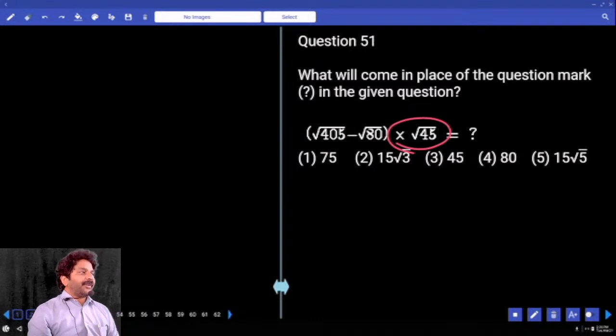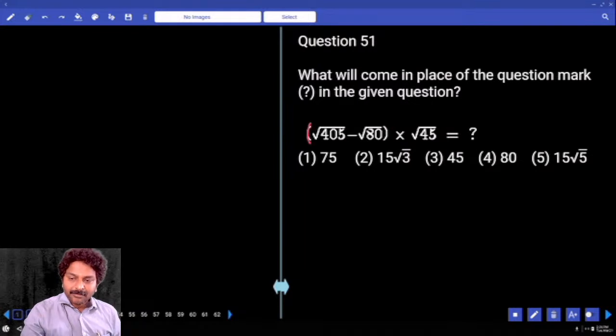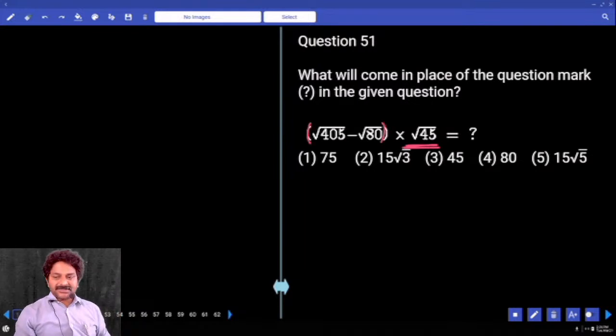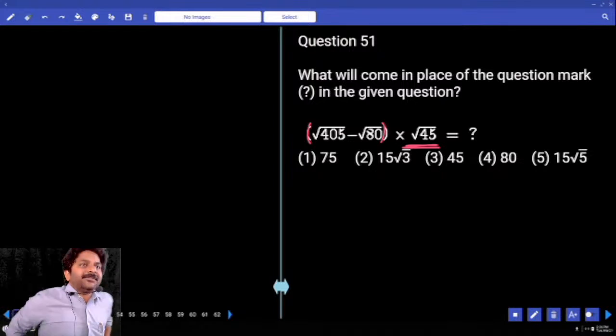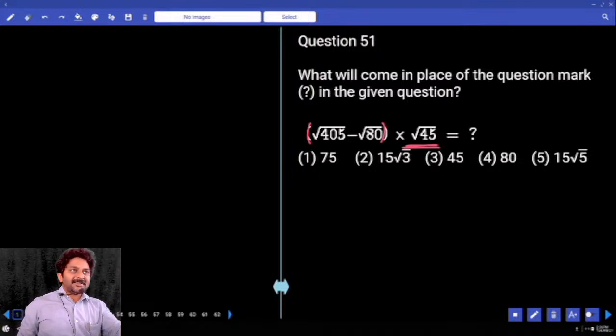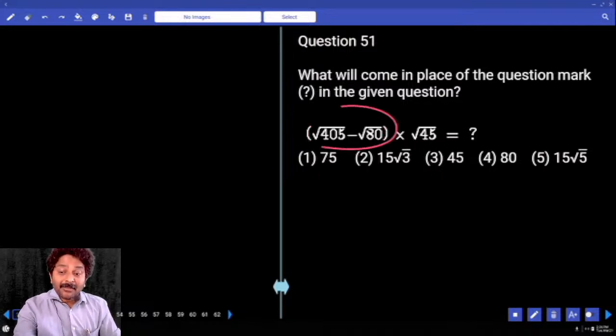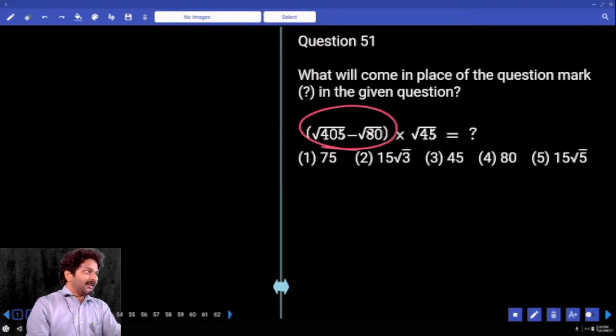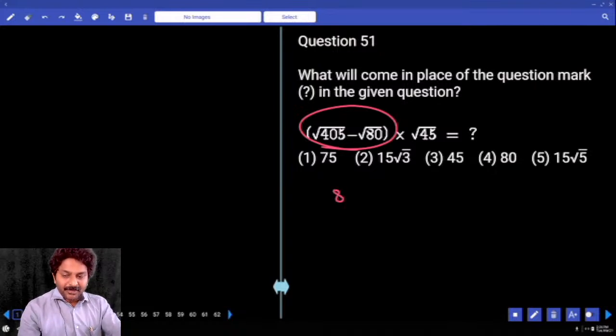45. Under root 45 is common for both the numbers. Correct? Yes or no? Bracket undi kada. So this under root 45 is common for both the numbers. 45 we can write it as 9 into 5. Under root of 9 in the sense you get 3. But what is the other number? Root 5. So to make it perfect square we again need root 5, right? So take root 5 common from these two numbers. Take 5 common. How much is left?